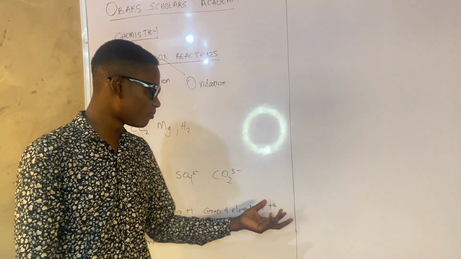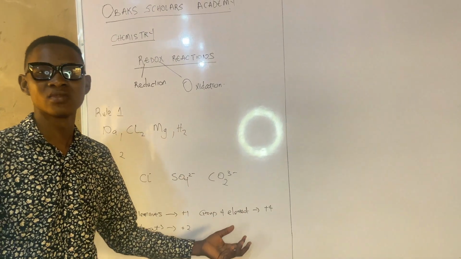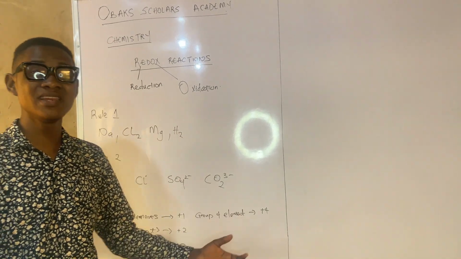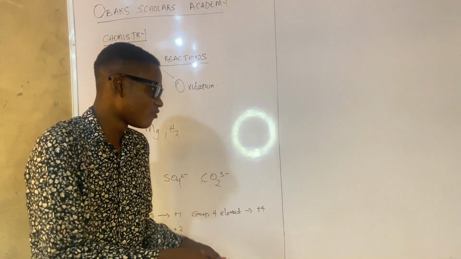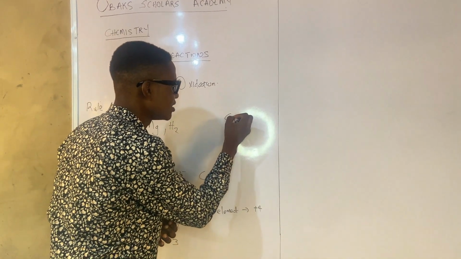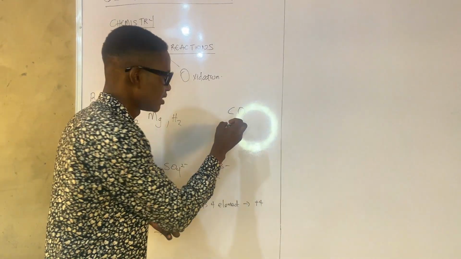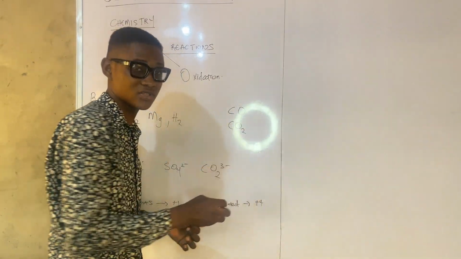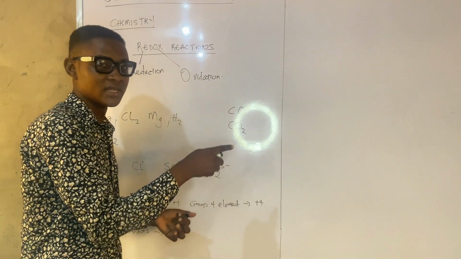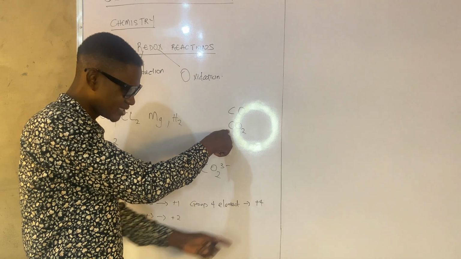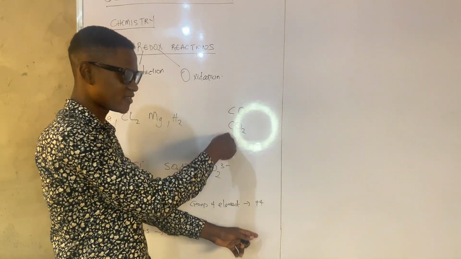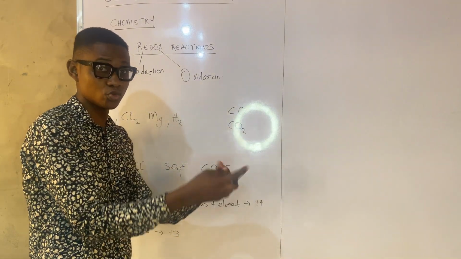From group 4, group 5, it mainly depends on the compounds those elements are present in. For example, this is carbon monoxide, this is carbon dioxide. The oxidation number of carbon here and carbon here is different, but carbon is a group 4 element. There are reasons for it which we will discover later on.